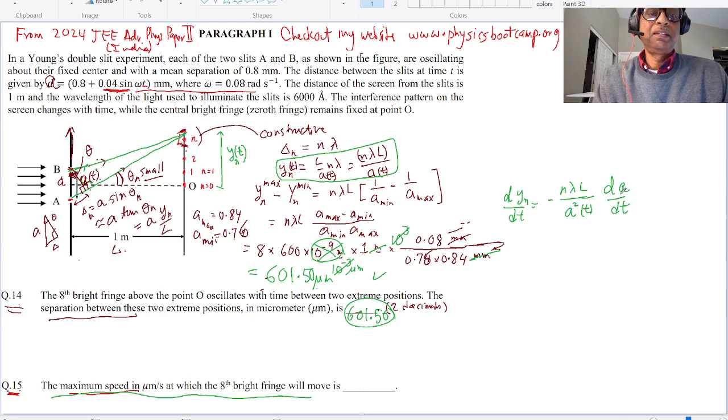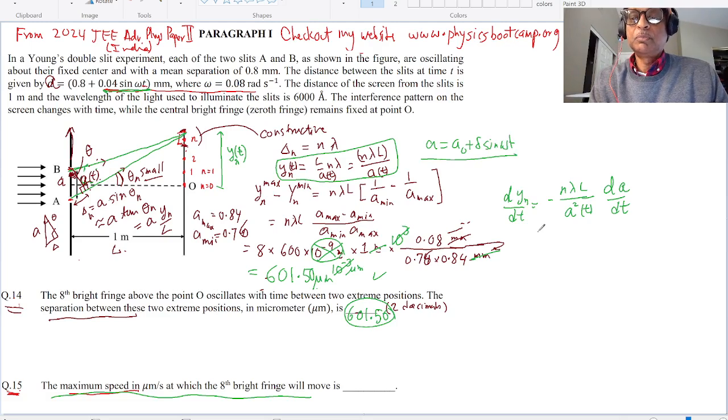Now dA dt over here is in millimeter. Let's say A equals A0 plus delta sine omega t. So use this.